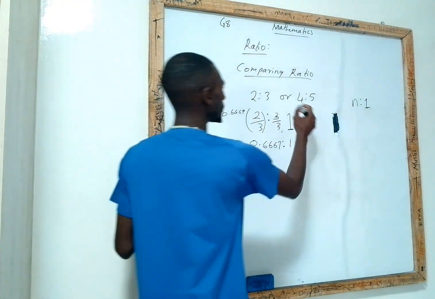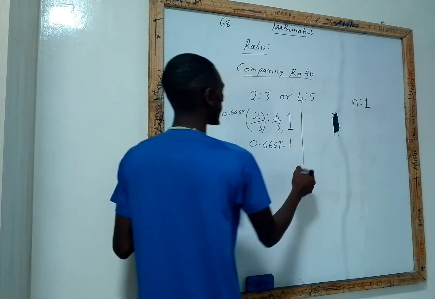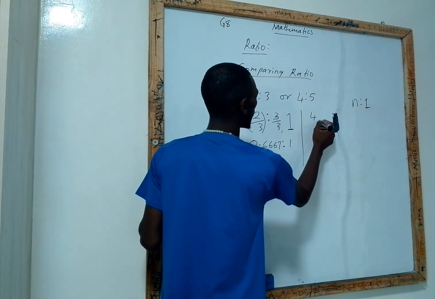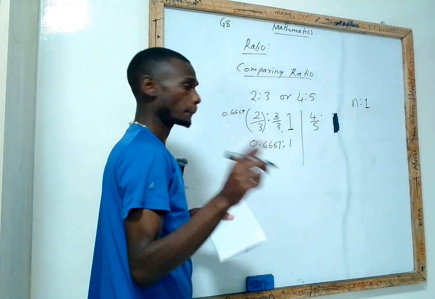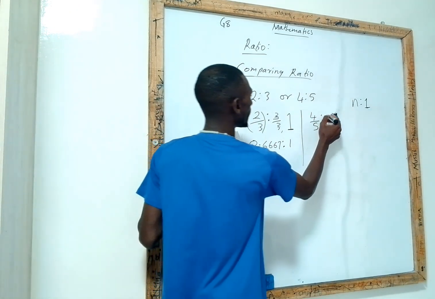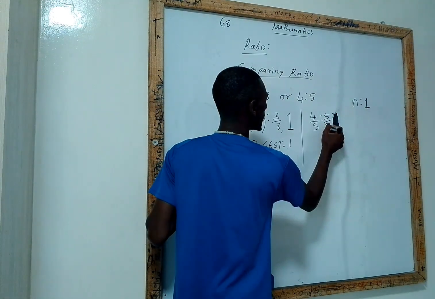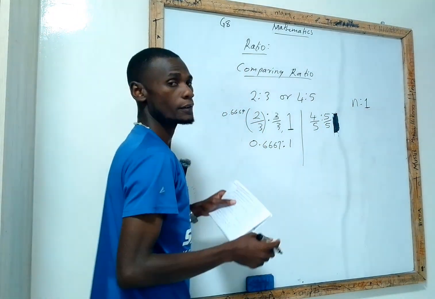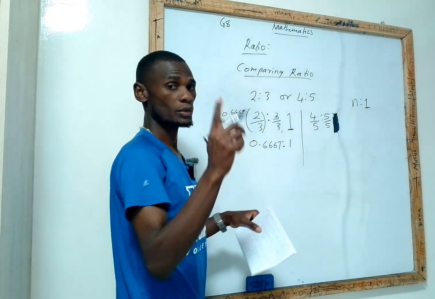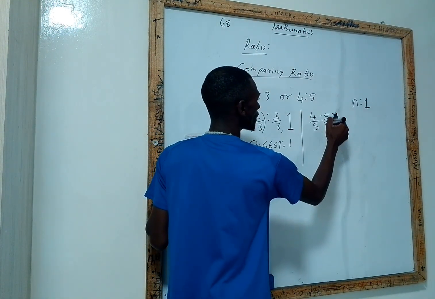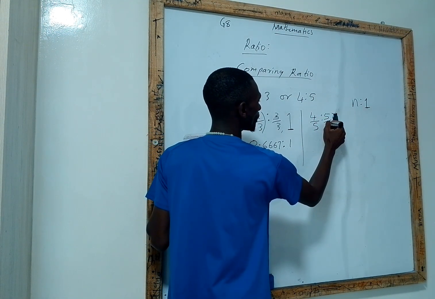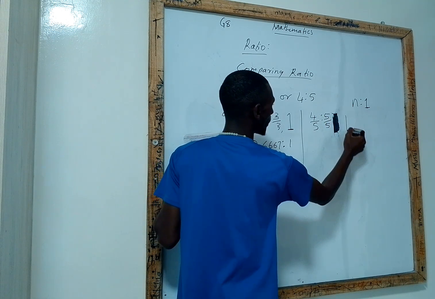Then you come to this other ratio, the same 4 over 5. You want to put it to ratio 1. So you use this denominator, 5 over 5, so that you can get one whole. Then you divide both sides by 5. You divide this by 5, you get one whole.